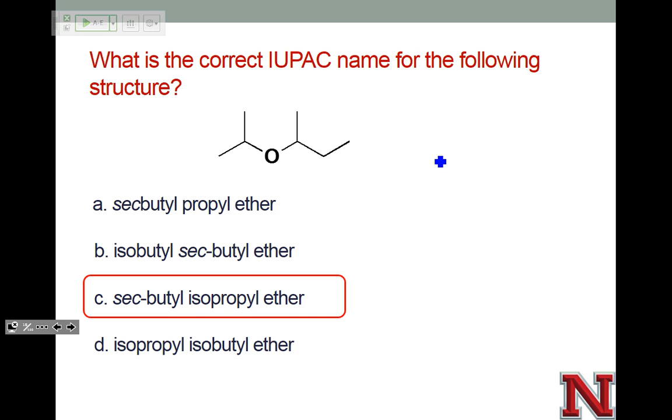This one can also be named based on the other naming system. If we were naming this one based on the other naming system, our parent would be our longest continuous chain. So that would be butane. And then our substituent would be isopropoxy. And of course, it's on 2.